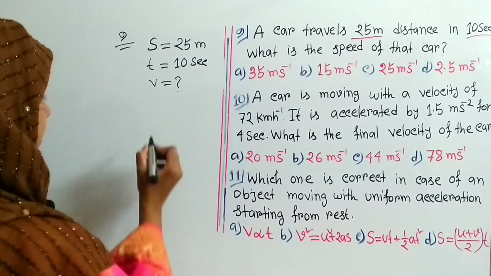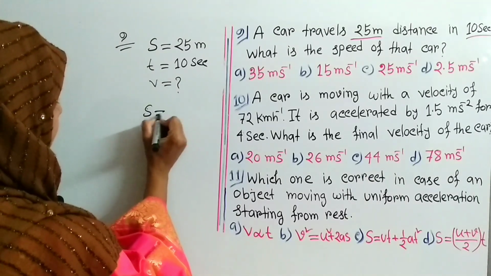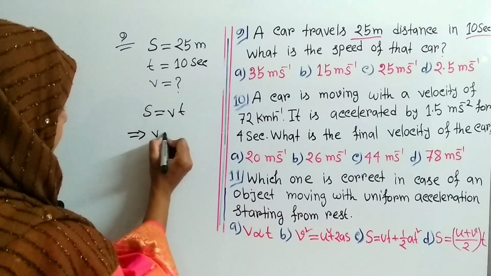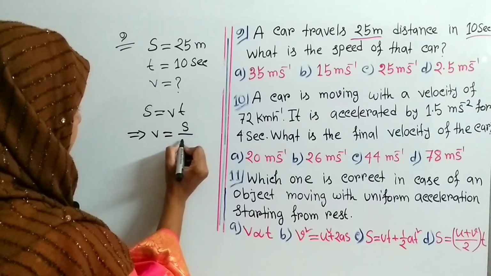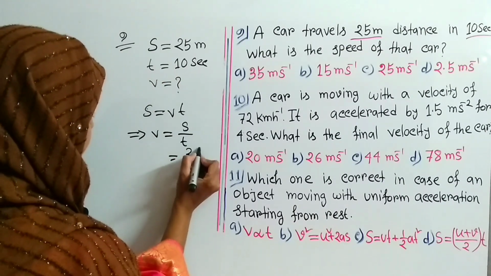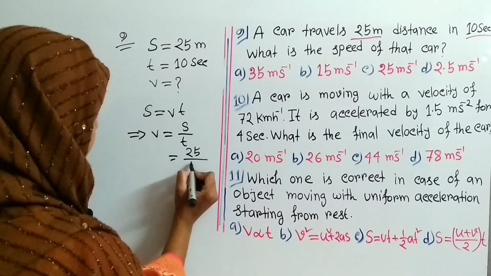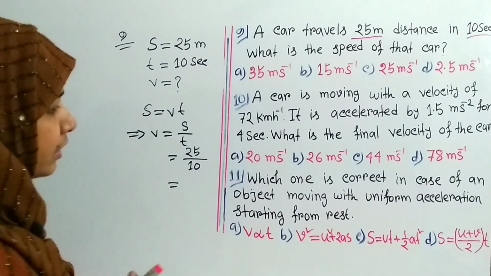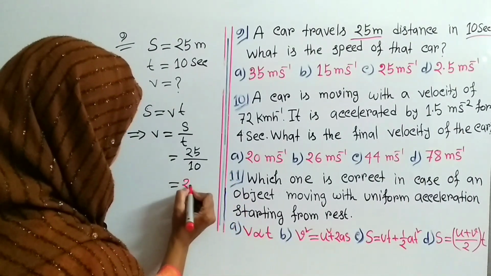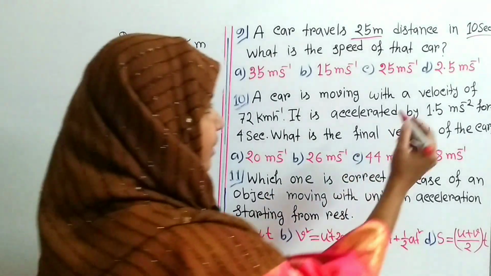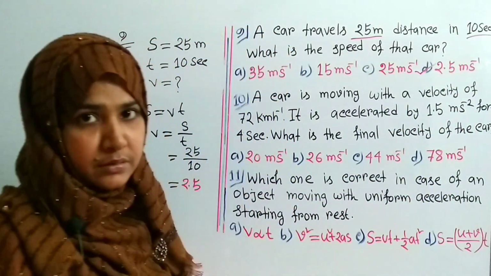And you know the formula S is equal to Vt, so we can write V is equal to S by T, and the value of S is 25 and T is 10. So the answer will be 2.5. So our option D is the right one.